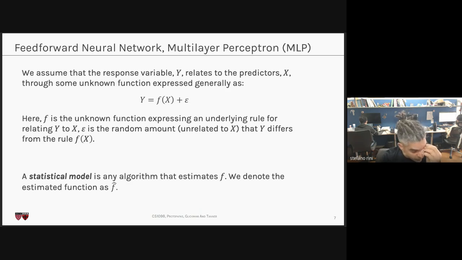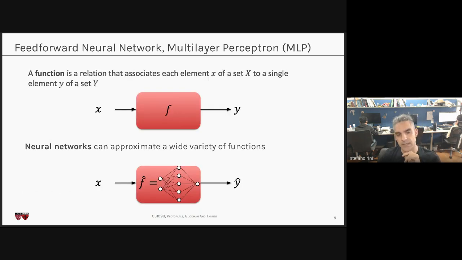And among these functions f that we can parameterize through the problem parameters, we hope to find the f hat, which is the closest one to the true f. The reality gives us a true f that really maps the input into the output, and we approximate this with a function f hat that we can implement with a deep neural network. This is the scope of this class.